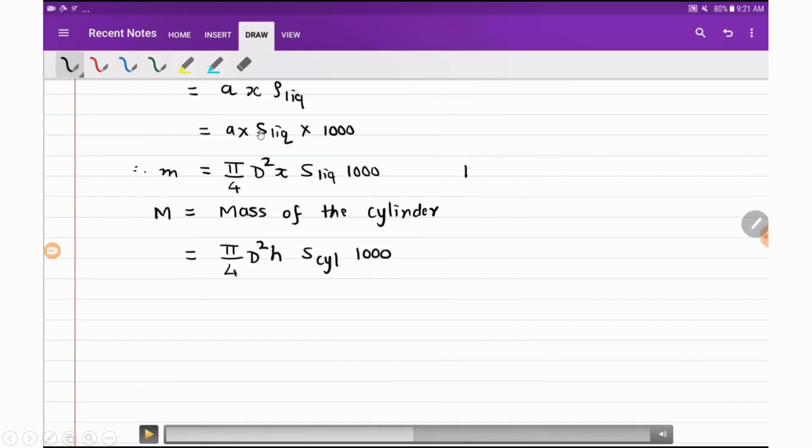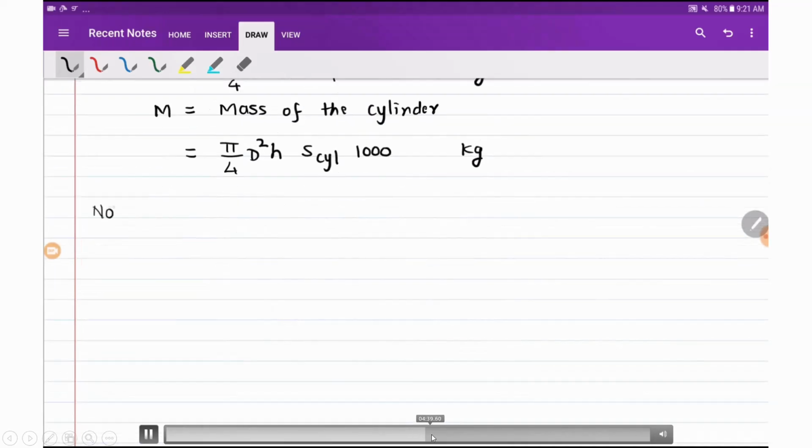So directly we have come to this step, that is volume into density. So this is pi by 4 d square into H, S cylinder multiplied by 1000, and mass is in kg. So the unit for both these terms is kg. Small m and capital M both have the unit of kg, and that is mentioned here.